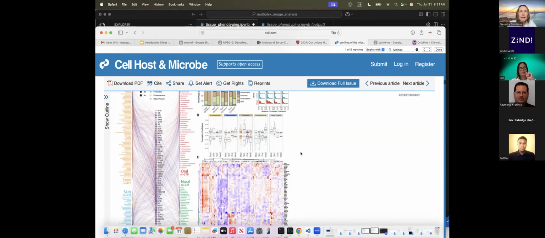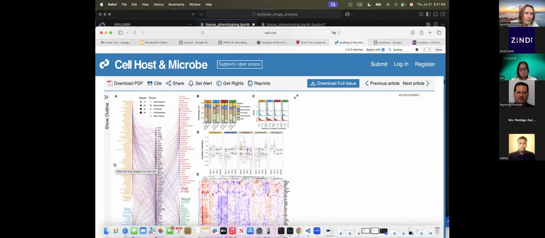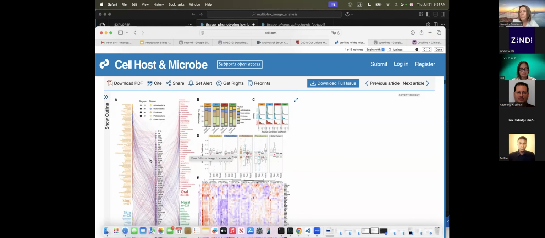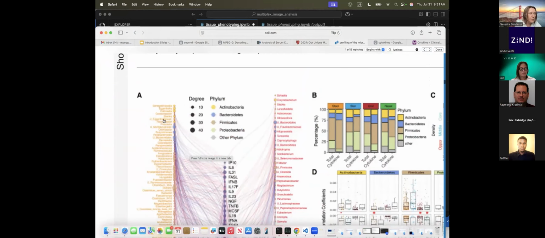Yes, here we go. So this panel A represents the cytokine data and the microbiome data. As you will see here, and I don't know if I can just zoom in a little bit. So this is really the mixed effects model outputs for cytokine-microbe correlations. So the red lines are positive interactions and the blue lines are negative associations.